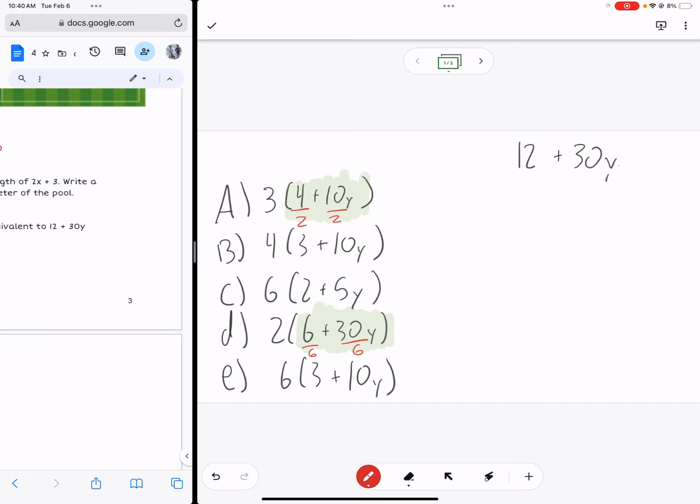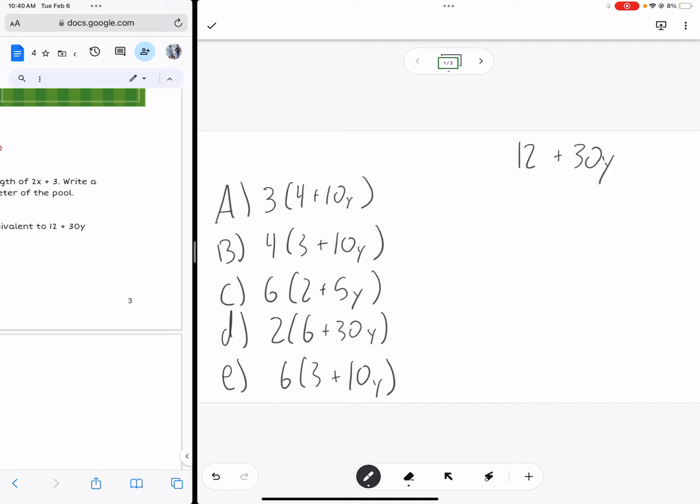So whoever factored A and D didn't factor them all the way. So if we were to factor our original expression, it may not give us a complete answer.